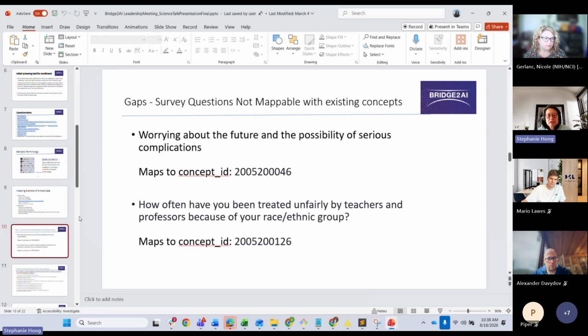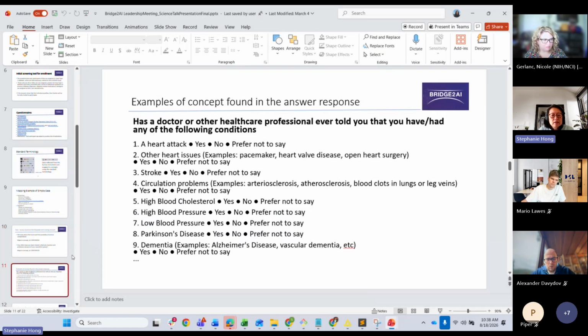How often have you been treated unfairly by teachers and professors because of your race and ethnic group? We can't find these concepts within the OMOP vocabulary table. So what we did was we created a custom ID for them, so we could capture them clearly via a number.